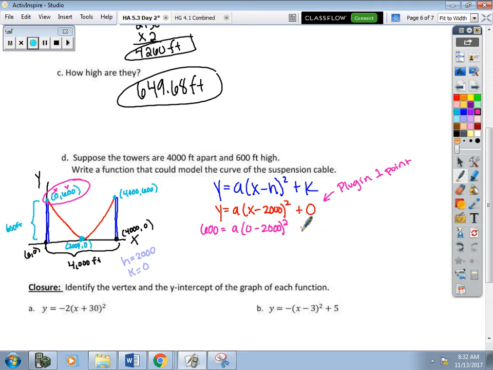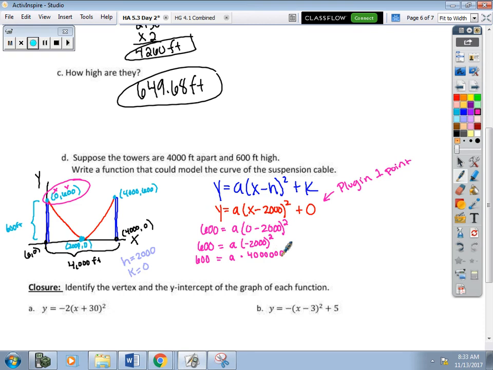And then we'll solve out for A. And we are going to get a very small number, just like the other one was 0.001432 or whatever. So we'll square the numbers first, and we'll get 4 million.